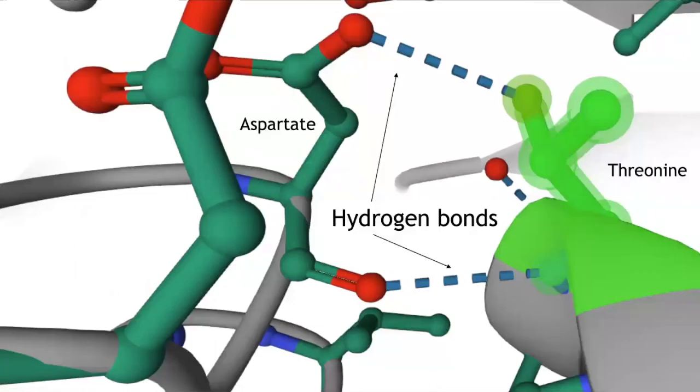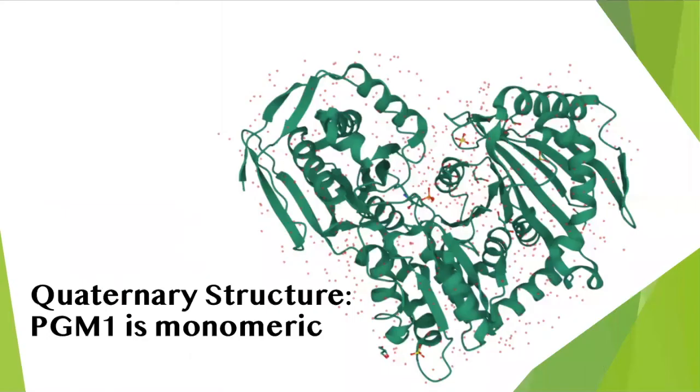Hydrogen bonds between R groups, such as the 2 formed between aspartate and threonine, can also be visualized to be importantly contributing to tertiary structure. Phosphoglucomutase lacks quaternary structure as PGM1 functions as a monomeric protein and does not interact with any other polypeptide chains.